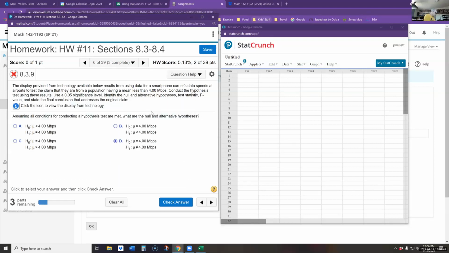All right, since the claim that we're testing is that the mean is less than 4 megabits per second, that's the claim. So that means the null hypothesis would be that it's equal to 4, and the alternative hypothesis would be less than 4. So that is B, it looks like.